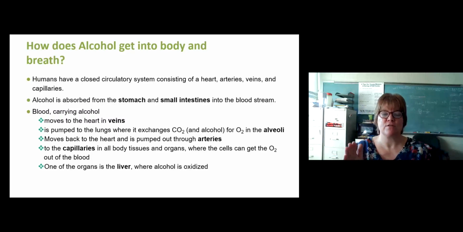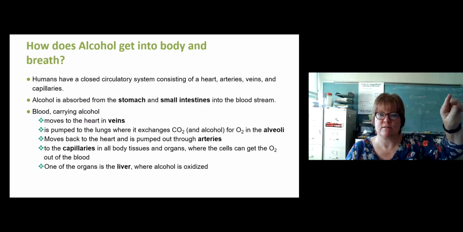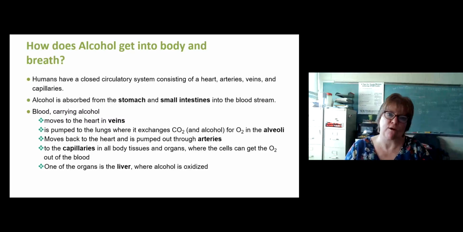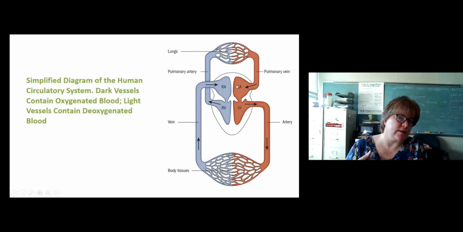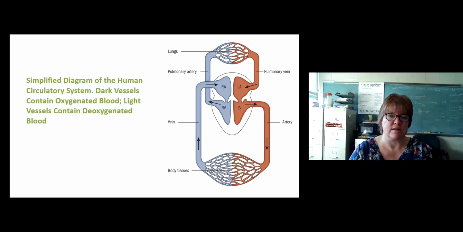So it enters the bloodstream, goes to the heart. From the heart, it pumps once. It's going to go to the lungs, exchange some gases, come back to the heart, get pumped again, and go all throughout the body, including the liver. So here's a picture of it. And again, this is talking about the right artery and the ventricles and the aortas and different things.